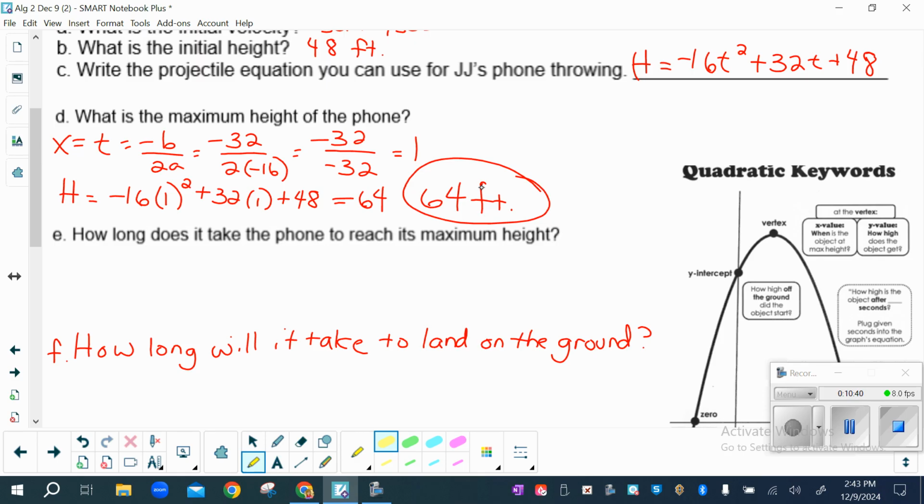We are asking for this point. The x value or the y value? We already found the y value, that was the maximum height. You want to find the time it takes to get to the maximum height, so would that be the x value or the y value? The x value. Did we find that already? Yeah. What's the answer? 1 second.